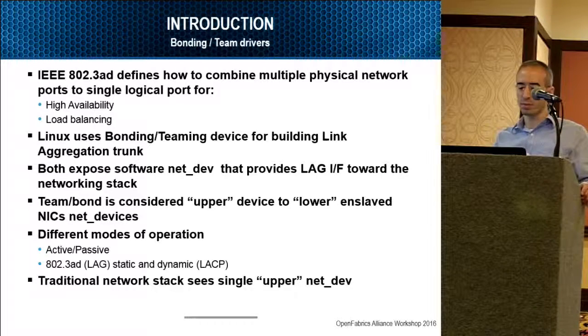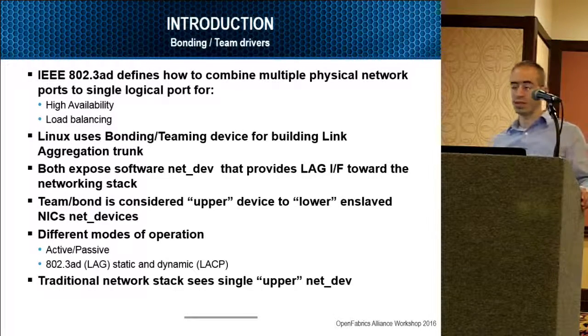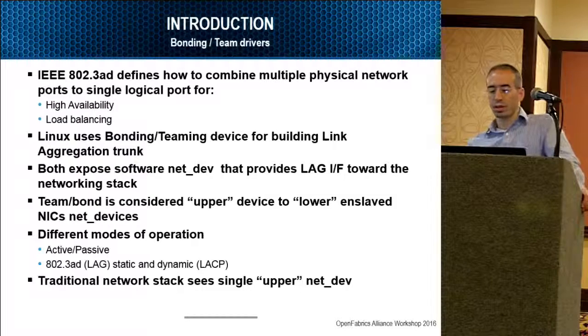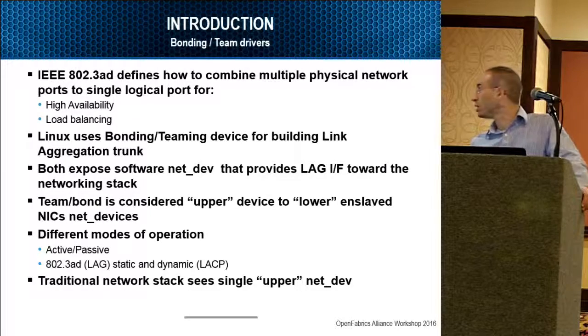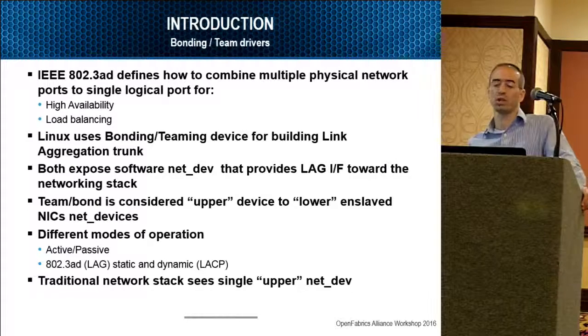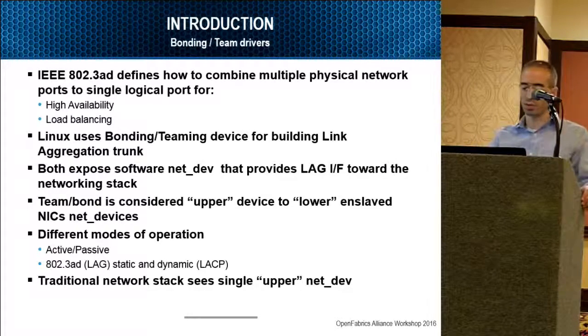In Linux, this is being used by the bonding or the new teaming device, which allows you to build basically a link aggregation trunk. Both of those bonding and teaming models expose basically a software network device. It provides a link aggregation net device to the stack, and basically enslaves the actual net devices that are associated with the actual physical ports.